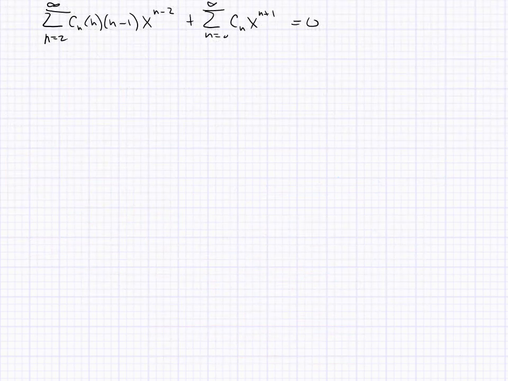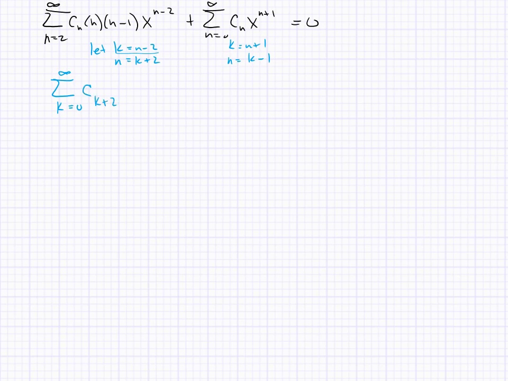So what we're going to do is let k equal n minus 2. So n ends up being k plus 2. And here k is going to equal n plus 1, so n is going to equal k minus 1. So this series can turn into the sum of k equals 0 to infinity, again, because if n is 2, then that tells me what k is, of c sub k plus 2 times k plus 2 times k plus 2 minus 1.